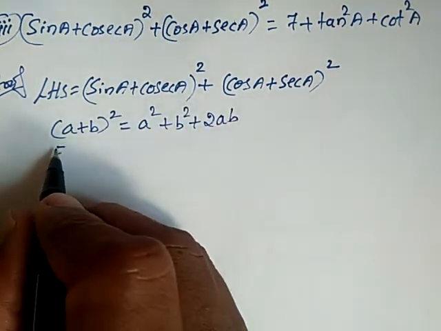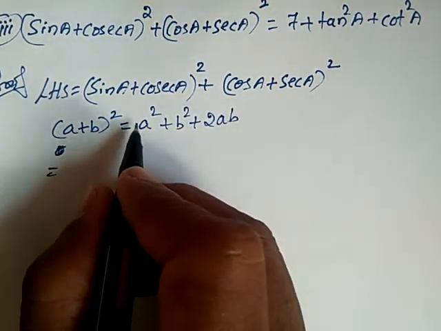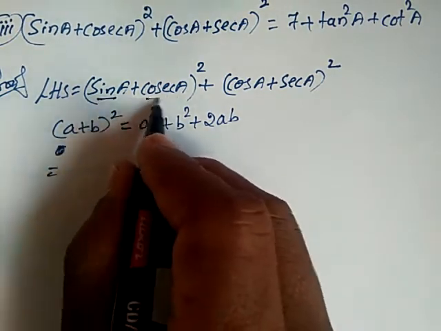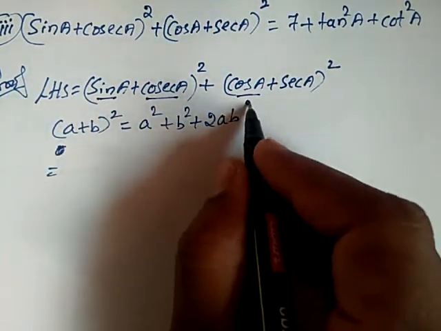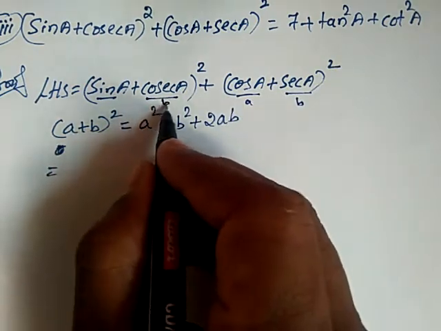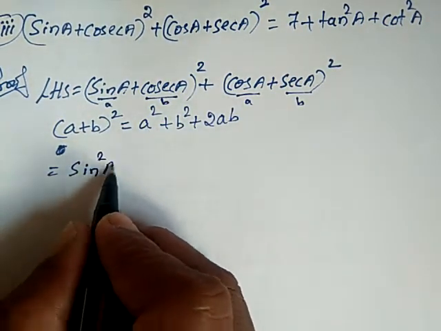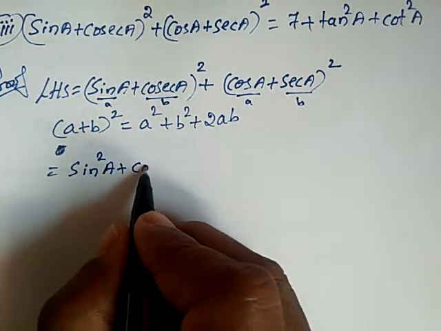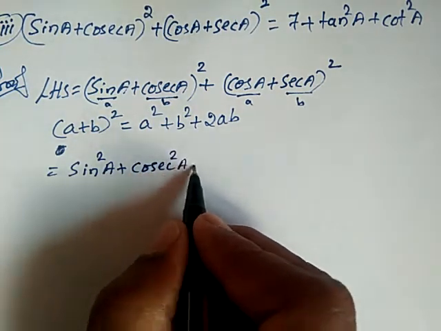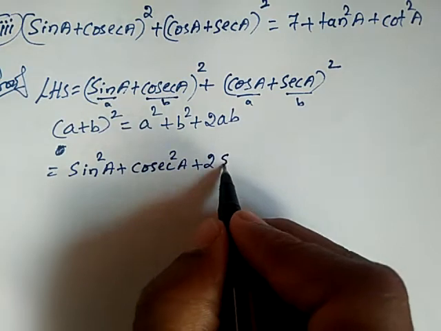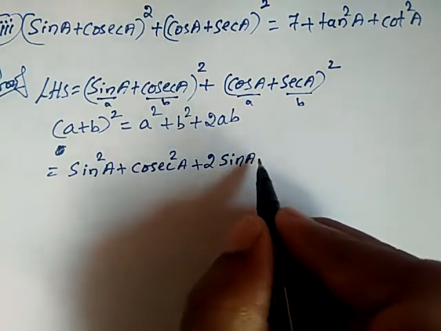If you apply it here, what is a here? sin a, and b is cosec a. Consider a as cos a and b as sec a in the second term. So a square is sin square a, plus b square is cosec square a, plus 2 into a is sin a, b is cosec a.